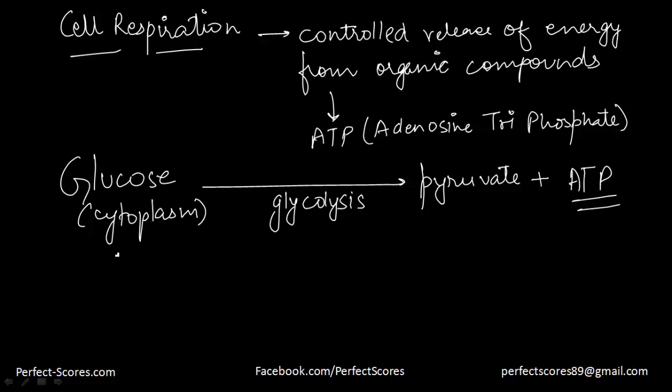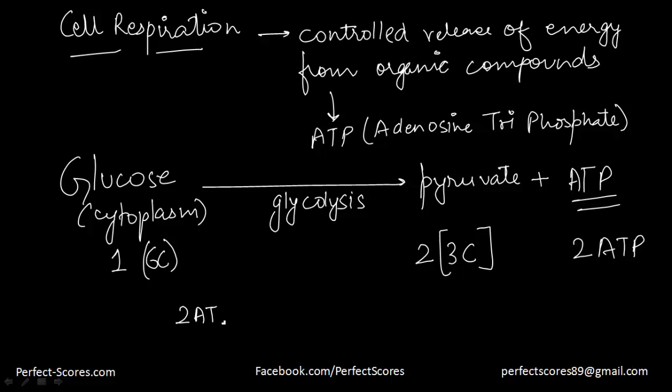So basically we break down one molecule of glucose, which is a 6-carbon sugar, into two molecules of pyruvate, which is a 3-carbon sugar, and a net yield is of 2 ATP. That's because 2 ATP are used up here and 4 ATP are released, so the net gain is of 2 ATP.